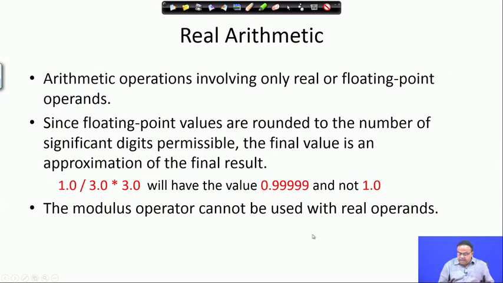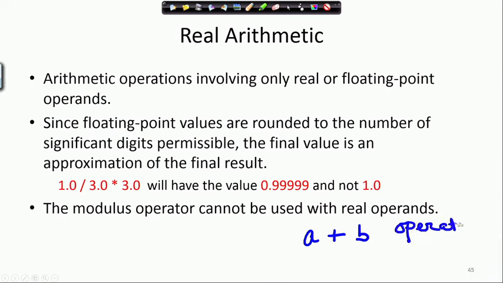When I say A plus B, then this plus I call an operator and these I call operands, on which the operation is being done. In real arithmetic all the operands are floating point numbers.